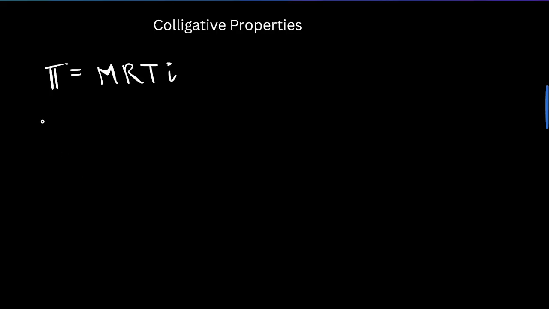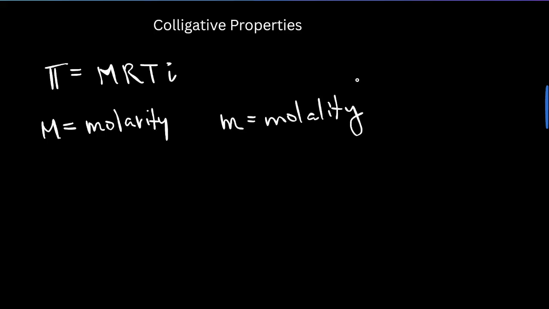M here is an uppercase M, and it represents your molarity. Not to be confused with the lowercase m for molality, which we've seen come up with our other colligative properties like boiling point elevation and freezing point depression. Molarity is moles of solute divided by liters of solution.